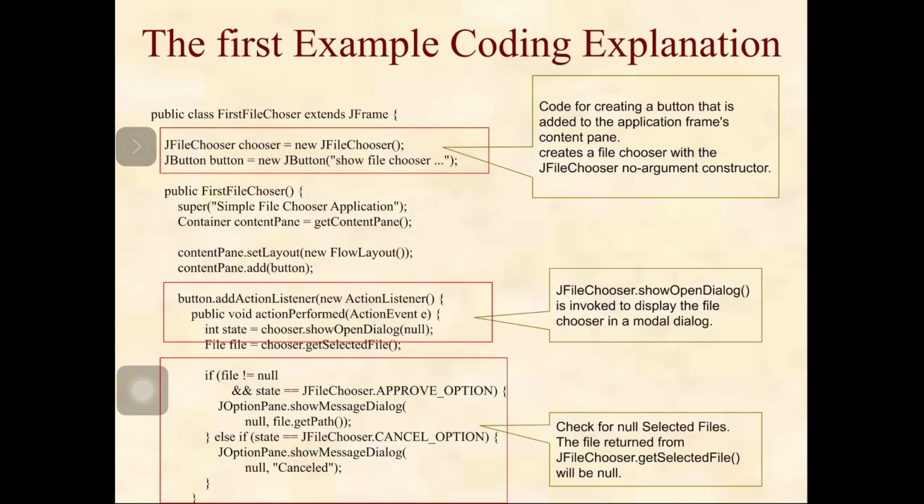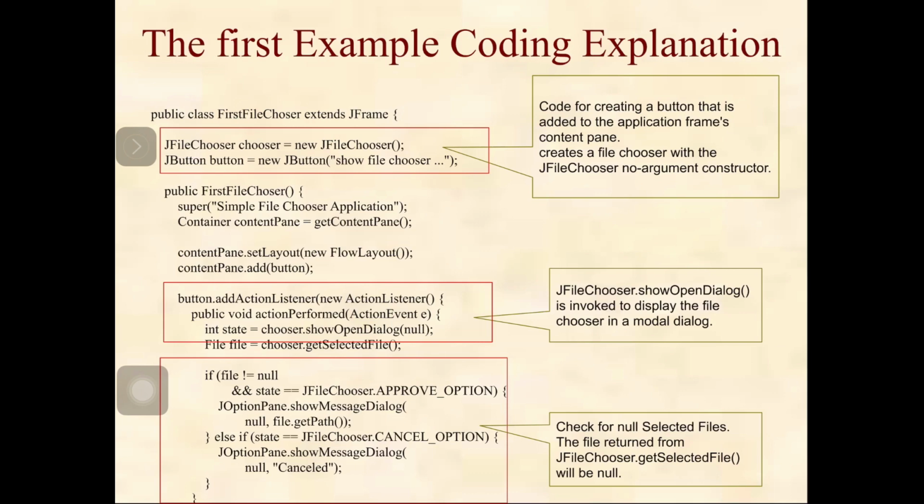In this example, I will explain the basic application that has a file chooser dialog. This application creates a button that is added to the application frame's content. The application also creates a file chooser with the JFileChooser no argument constructor.